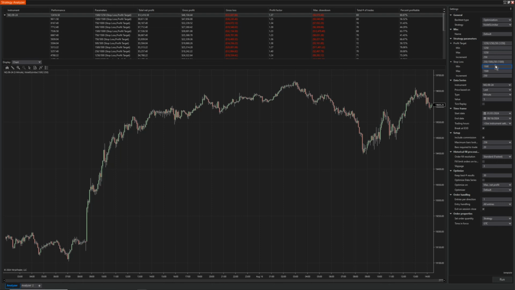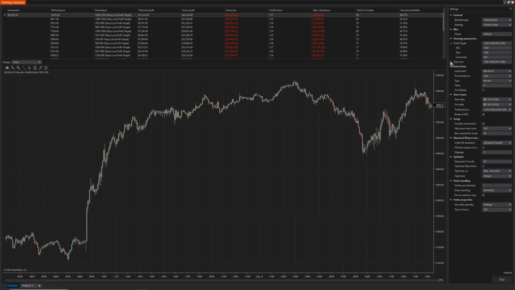So for instance, this one I forget what it does, but let's go and figure out if it works on other time frames. So we're going to have the static stop loss and PT at 1250 and 1500. But now what we're going to do is we're going to optimize the data series. So that's going to be right under here under optimize. What that's going to allow us to do is filter through all the different time frames and see if there's one that's better than the other.